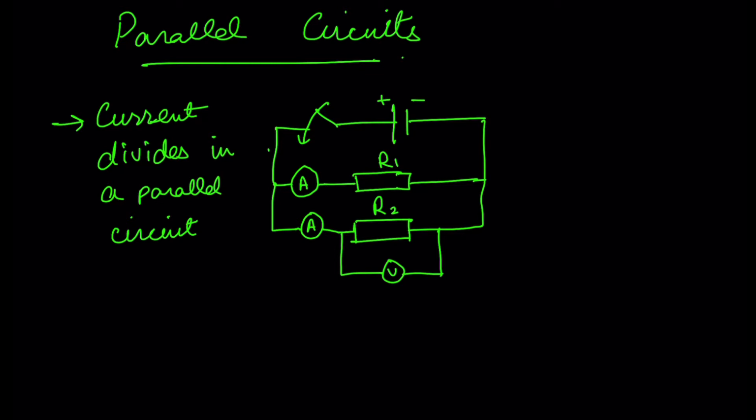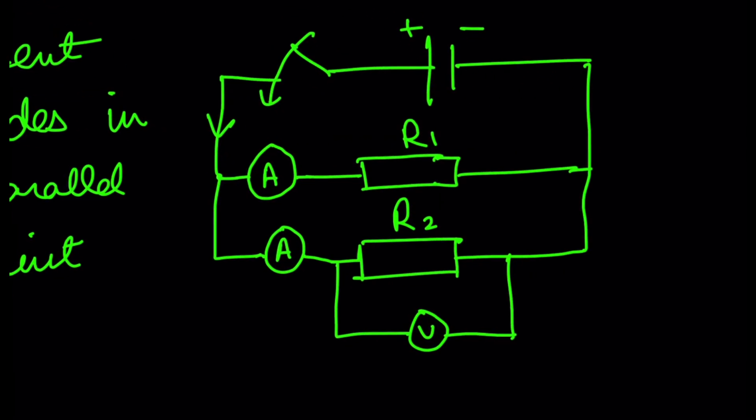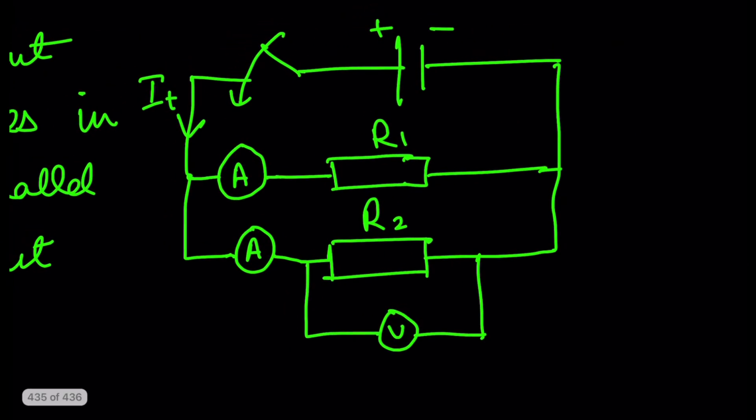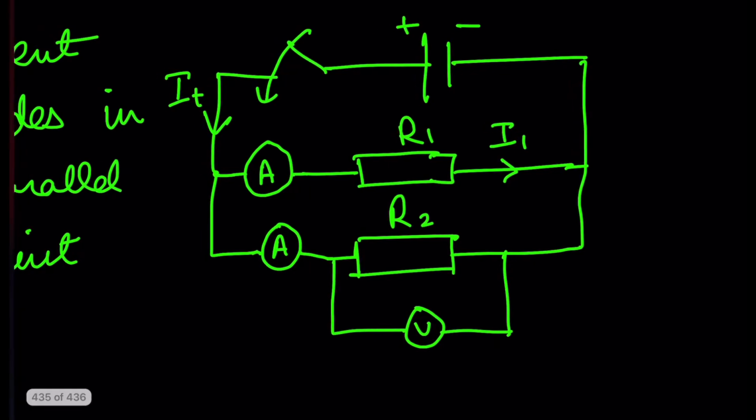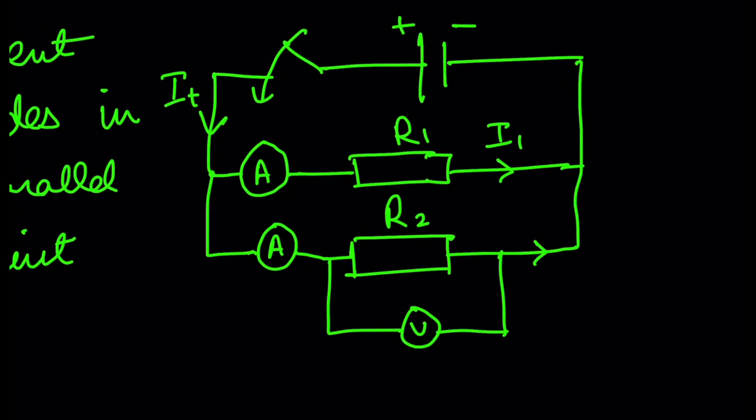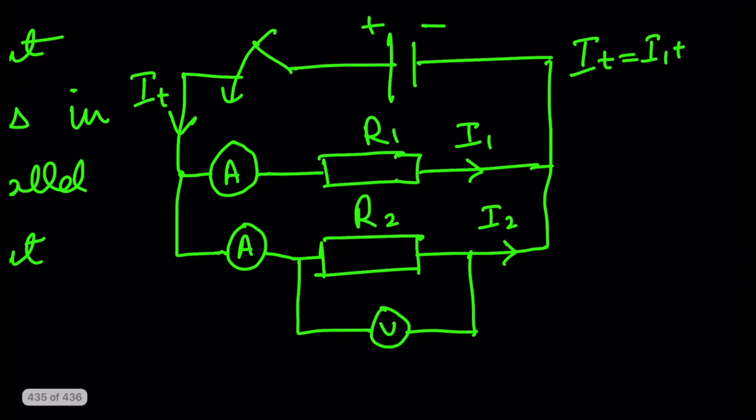Over here we have the total current. Let's name it IT. Some of the current will go through R1. So from here we'll have I1, and the remaining current will go through R2. So it will be I2. Now the total current will be equal to I1 plus I2.